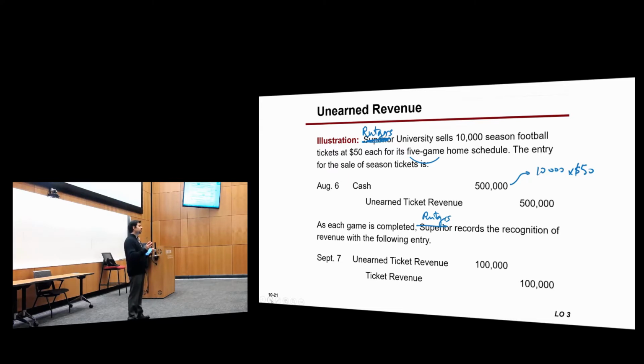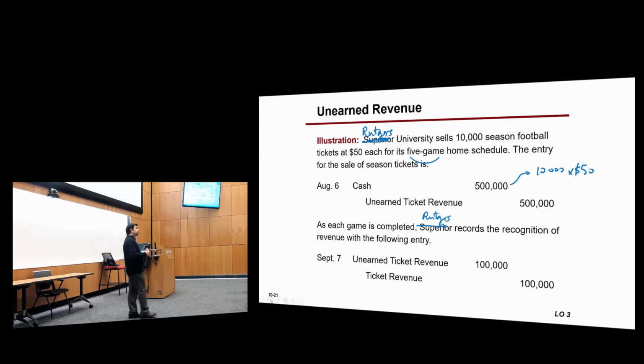So you debit unearned ticket revenue and you credit the revenue account. What you're saying in plain English is that for those $500,000 where I owed 5 games, I haven't earned any of it yet.